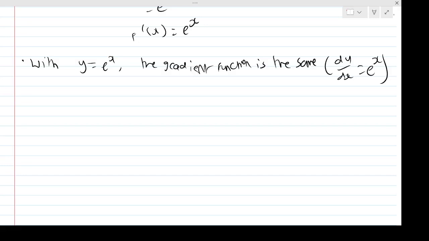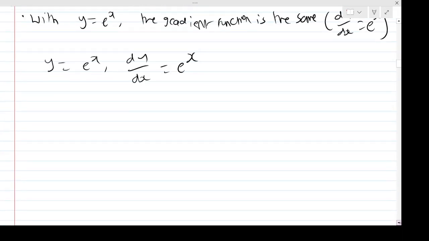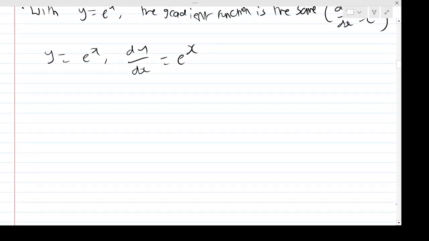So that's the key thing you need to know: if y is equal to e to the x, then the derivative is e to the x. Another extension of this you need to know is if y is equal to e to the kx, some multiple of x, then the derivative is k lots of e to the kx.